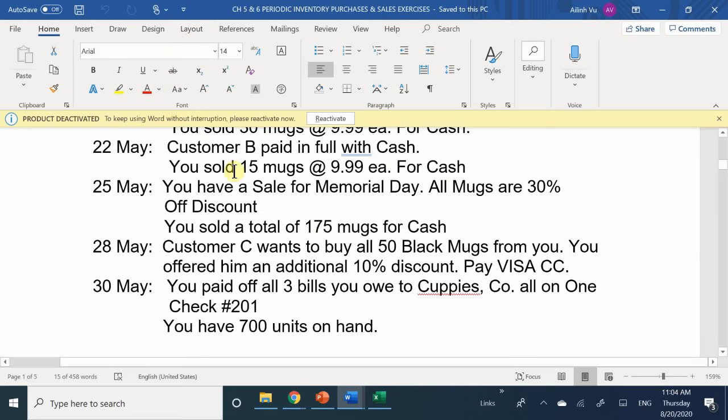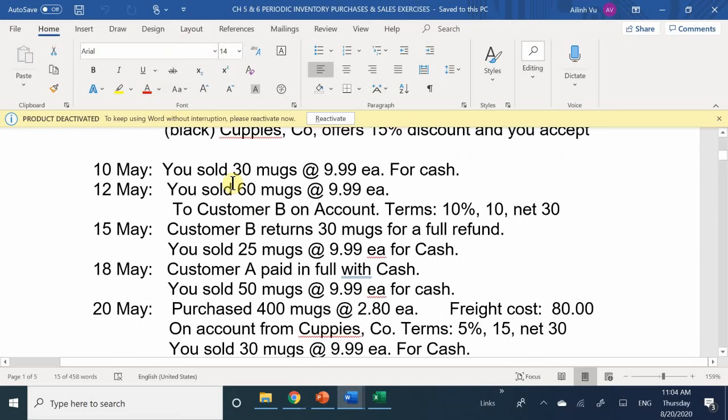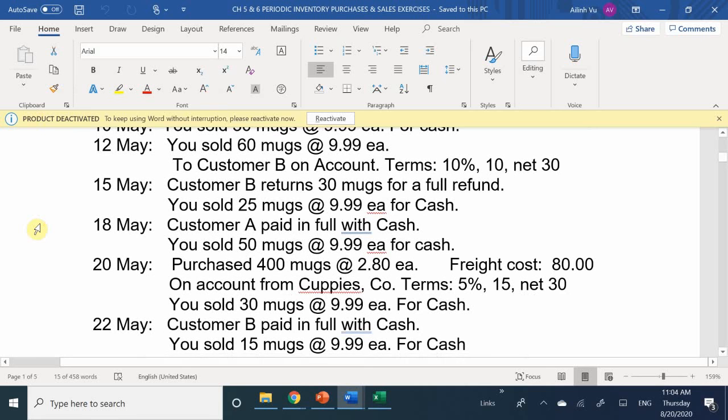No worries. So now we left off with customer A having paid us in cash already, so that transaction is now done. The next transaction is you sold 50 mugs at $9.99 for cash. So this is a completely separate transaction.